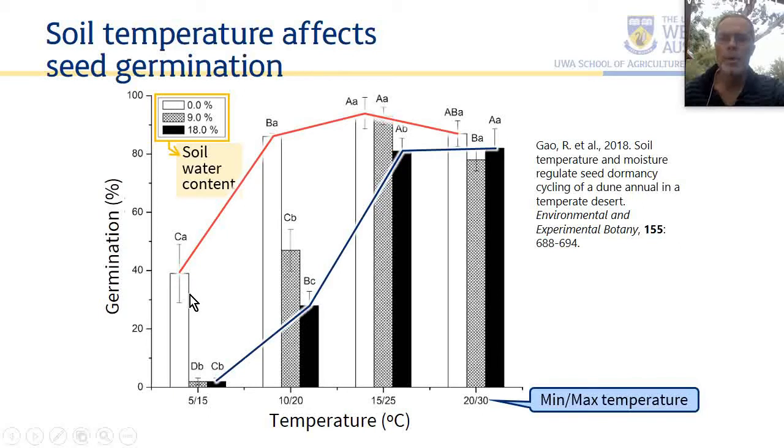For a dry soil, we actually see a decrease after a maximum temperature of 25. These numbers on the bottom here are just night, day, minimum and maximum temperatures. And for the dry soil, too high a temperature obviously is having some sort of effect, possibly by making the seed too dry to germinate completely.